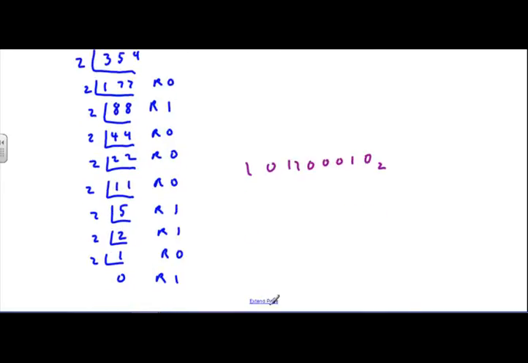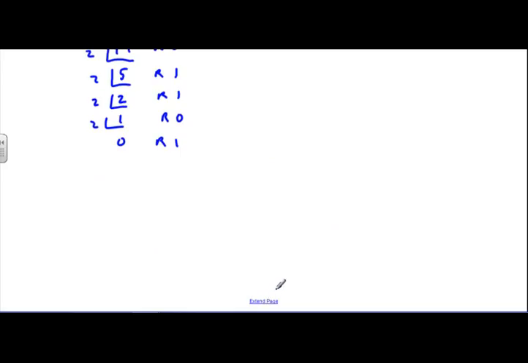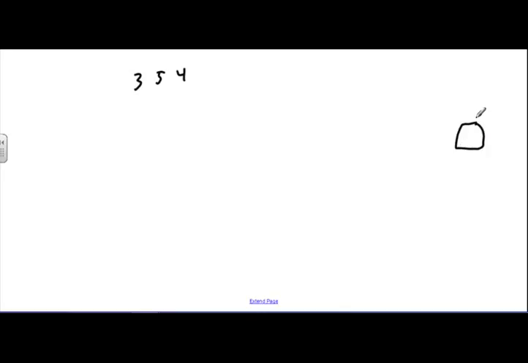Okay, so I like my calculator way best, by the way. My second favorite way is what I just showed you. Okay, my third favorite way, what is it? 354. Okay, so I got this number. Units place, the 2s, the 4s, the 8s.